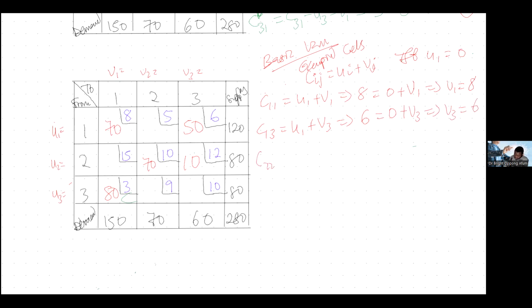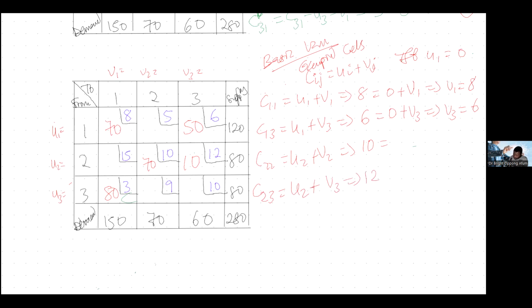C22. C22 is U2 plus V2, and that is 10. U2 is unknown, V2 is also unknown, so we'll come back to this. C23 is U2 plus V3, and that is 12.